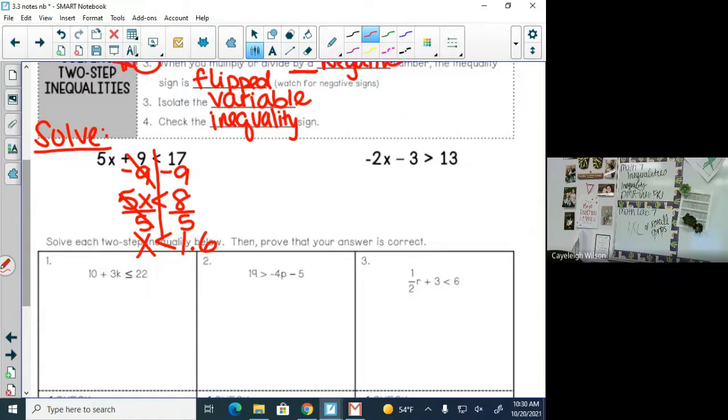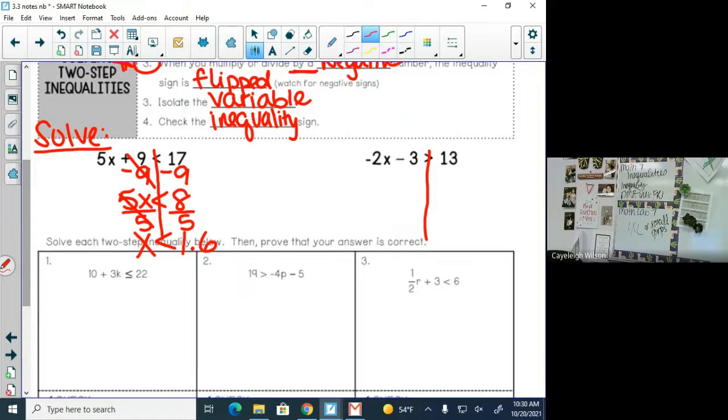All right, so let's look at this next one here. We're going to do some bar stuff here. Looking at the second one, I cover up the side that the x is not on, and I ask myself, do I have addition or subtraction?